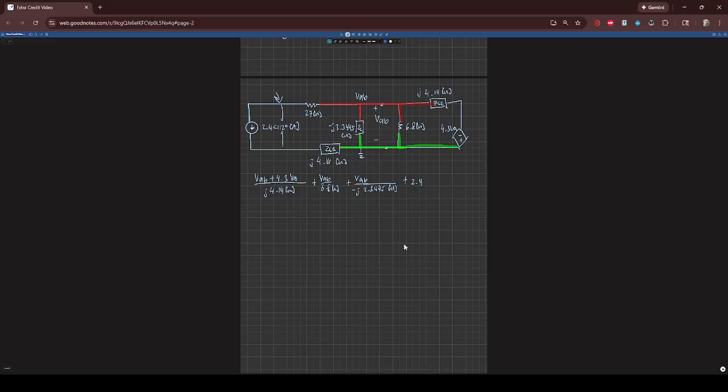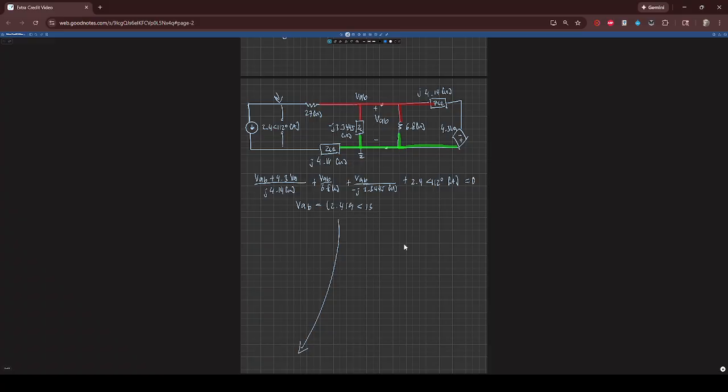And then that will give us VAB equals 2.419, and the angle is 13.476.